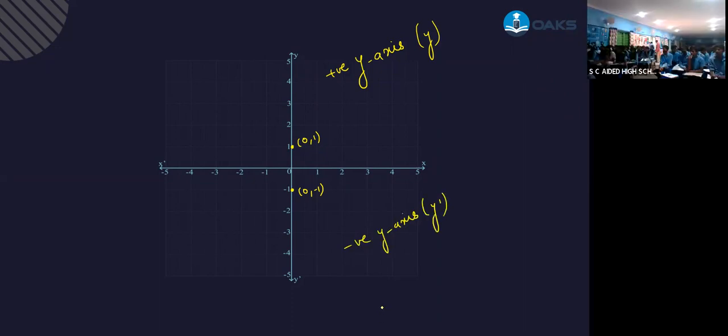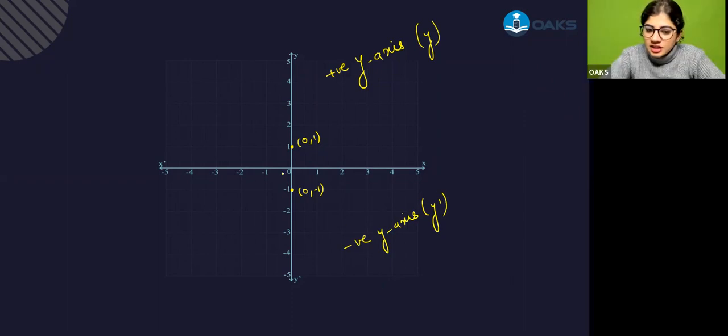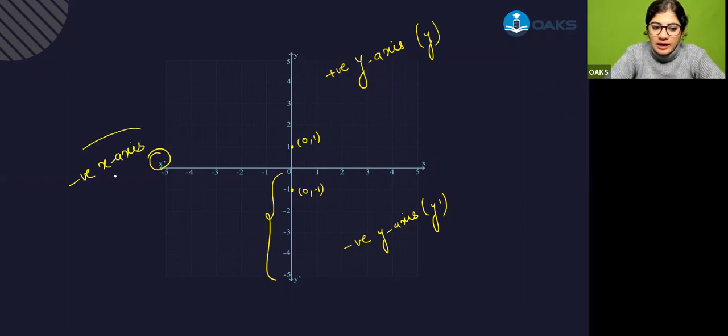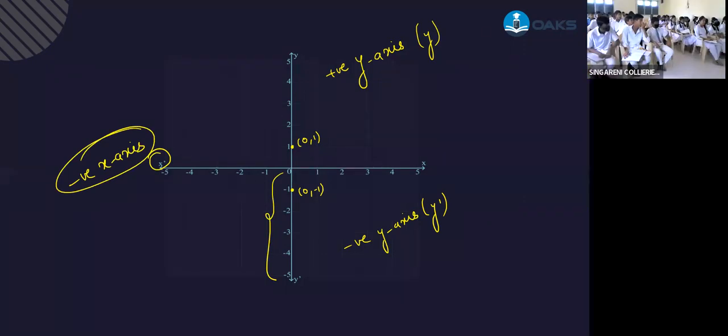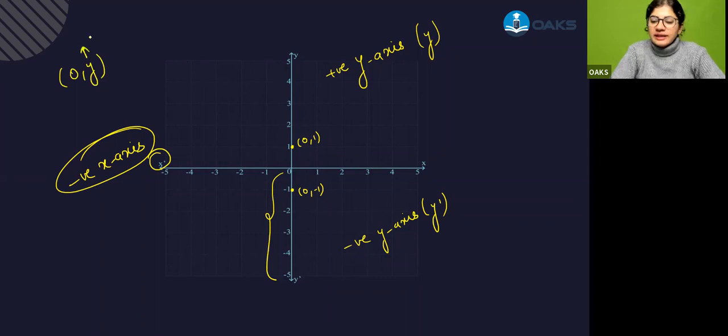So y dash will represent the negative y-axis, that is this portion which goes along, and x dash is the negative x-axis. I hope you all understand this point. Everybody understood? Yes, madam. So points like 0, y are only traveling on the y-axis. They do not travel on the x-axis. Right? I think this is easy, right?